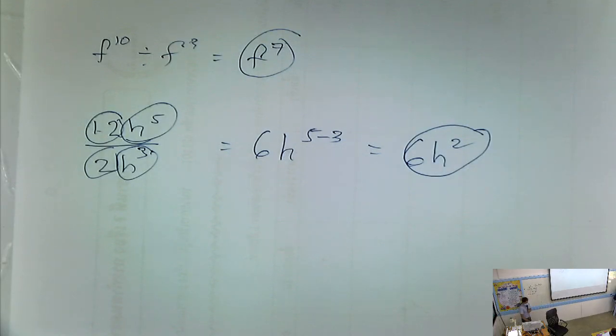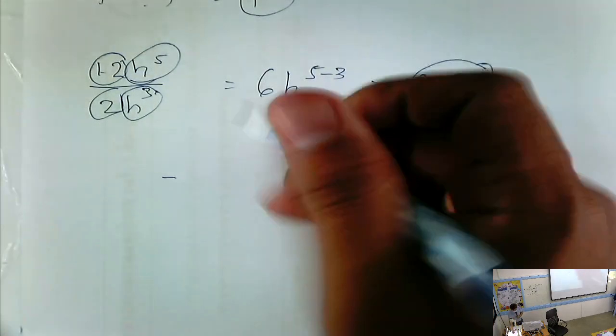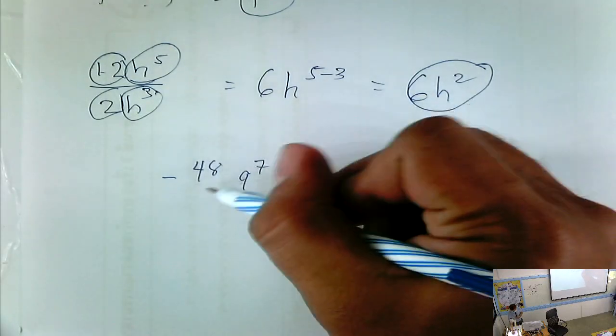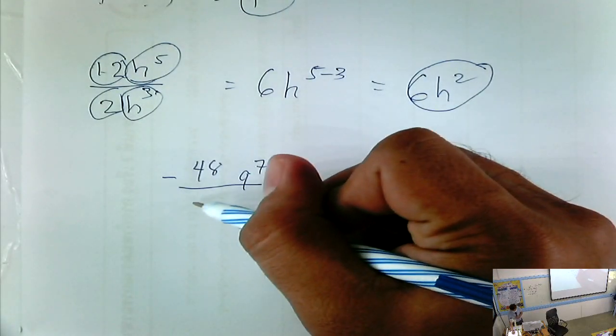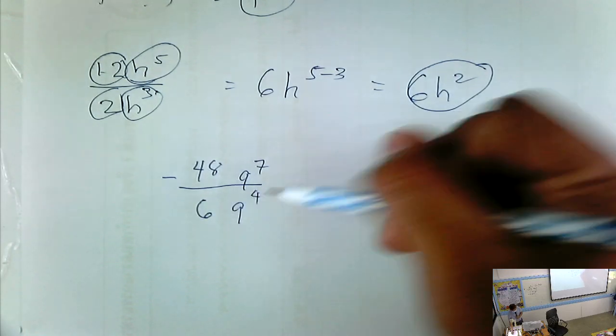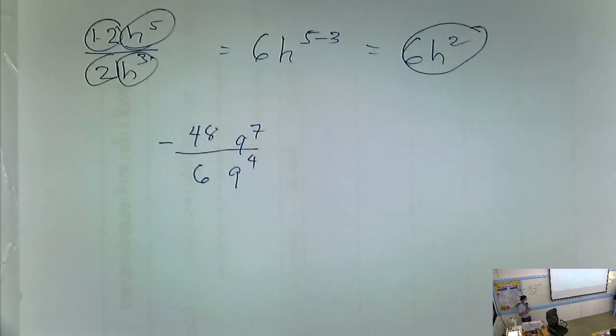Last one in this problem is, how about this one? Negative 48q to the power of 7 over 6q to the power of 4.